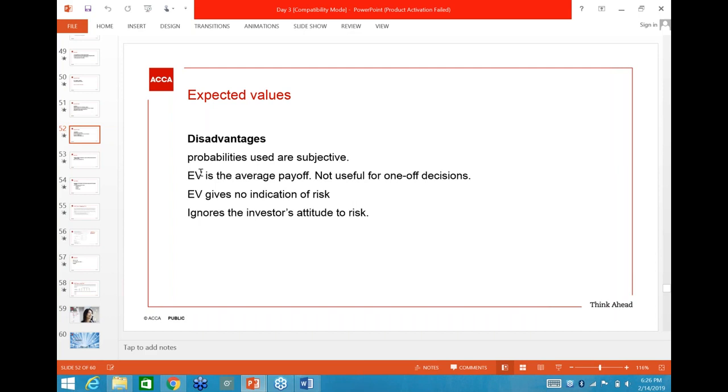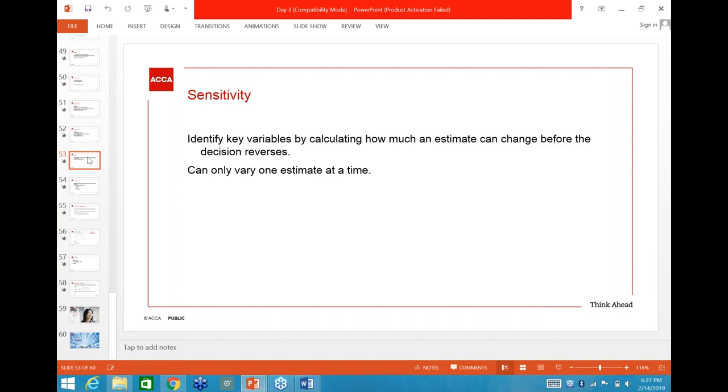You can still do an EV, but what I'm saying is it's not practical to make a decision on an average figure for a one-off decision. It gives no indication of the risk and ignores the investor's attitude to risk. So ideally, EV is the suggested approach for a risk neutral decision maker.